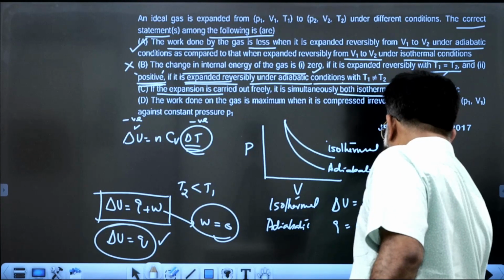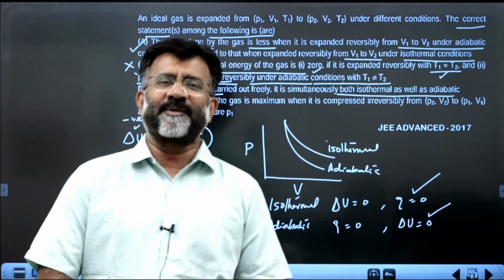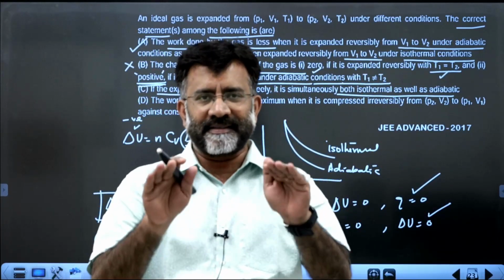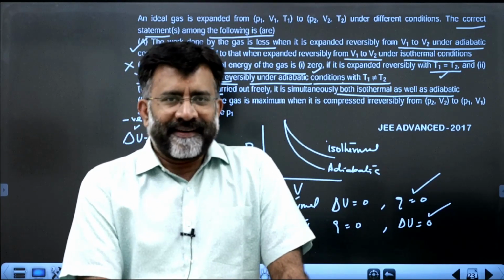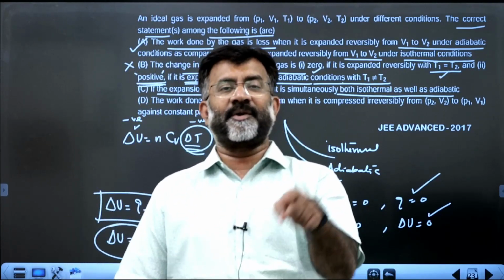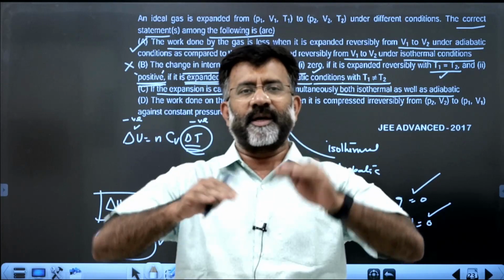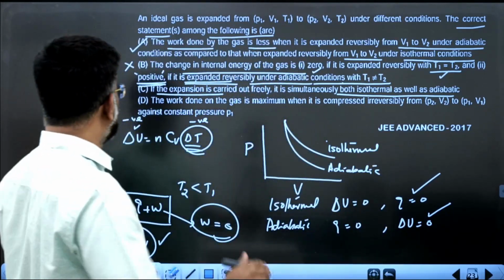Obviously, delta U equal to 0. That is isothermal. So when adiabatic is taken, Q equal to 0, delta U equal to 0. That is the isothermal condition, because work done is also 0. Right? Now, when you take isothermal, delta U is 0, Q is 0, so there is a simultaneous condition that isothermal and adiabatic is maintained. It is a true statement.